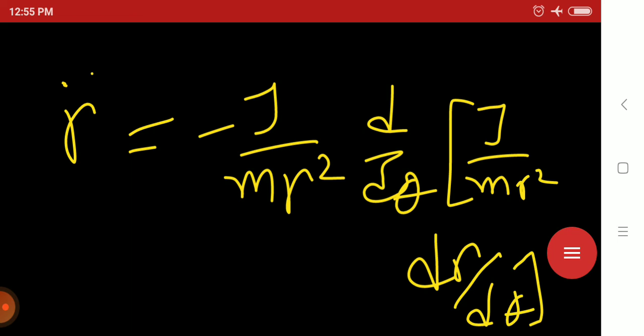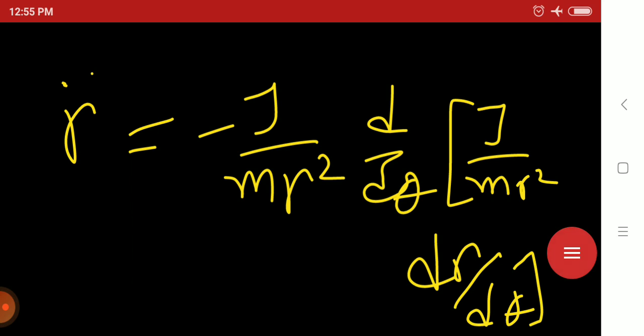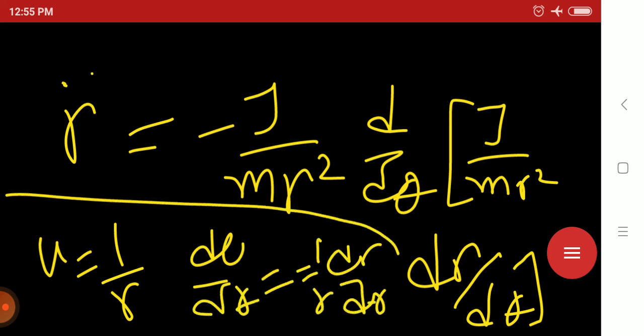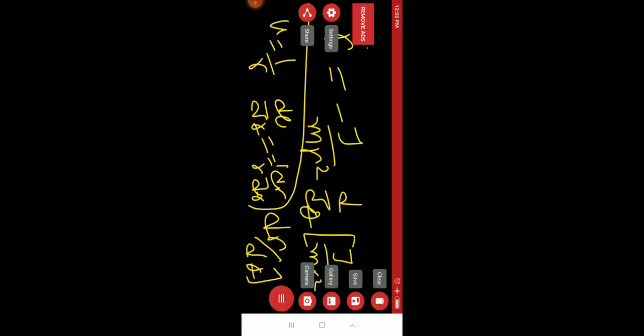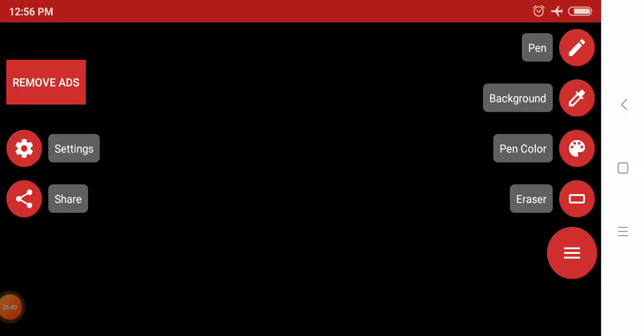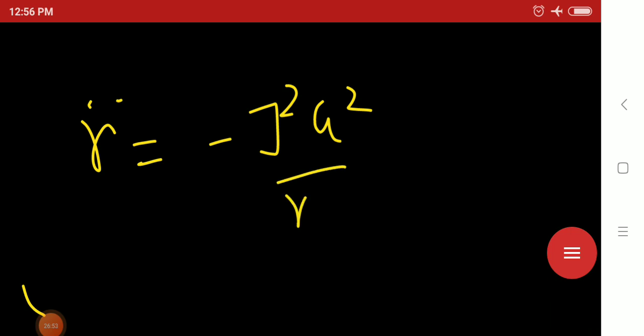Since we assumed u equals 1 by r, and du by d theta equals minus 1 by r square dr by d theta, we can write r double dot equals minus j square u square by m d2u by d theta square.